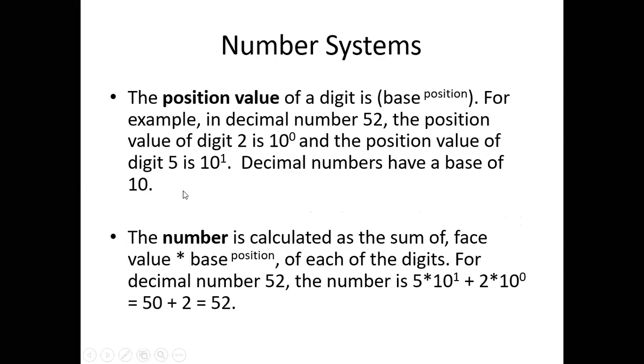So when you have a number like this one, the face value of the digit in position 0 is 2, and the face value of the digit in position 1 is 5. Now we want to see the actual weight.